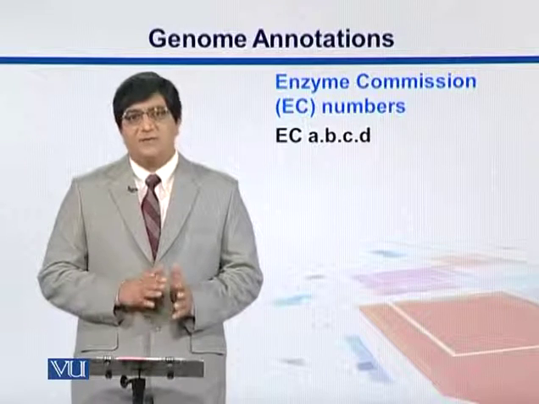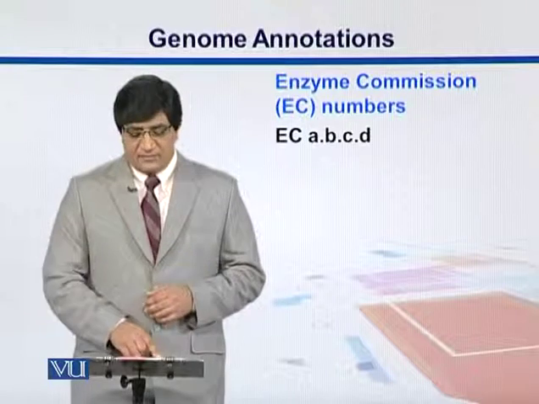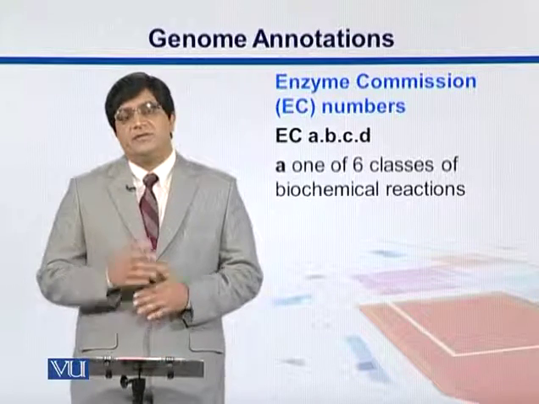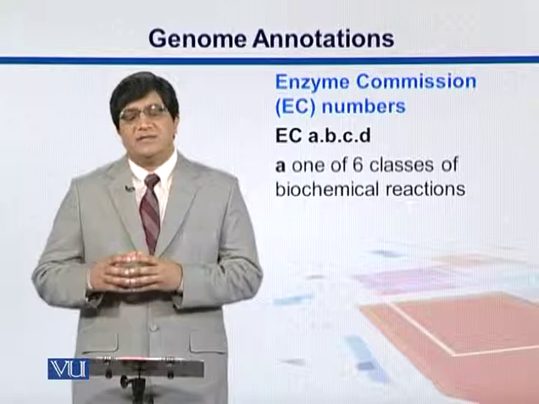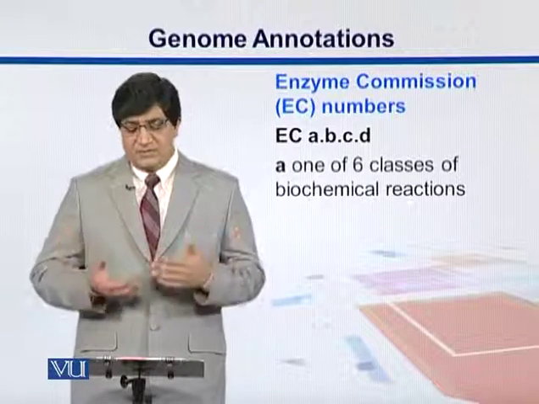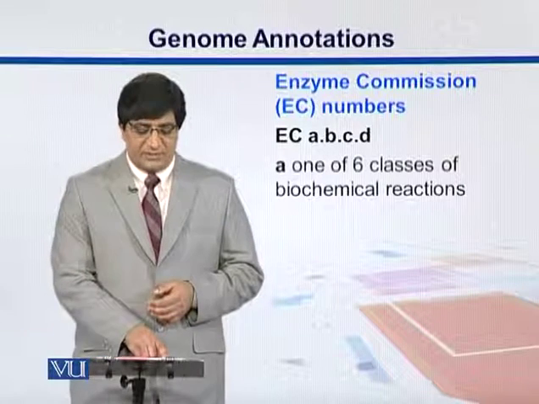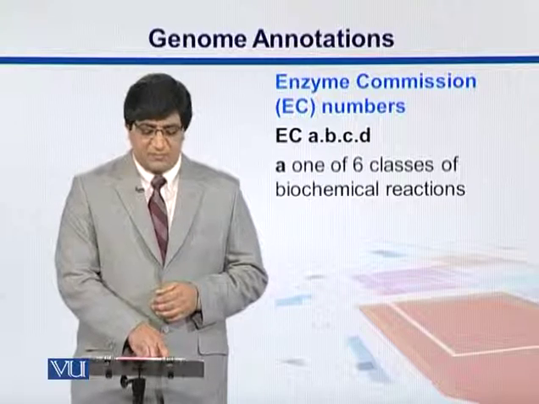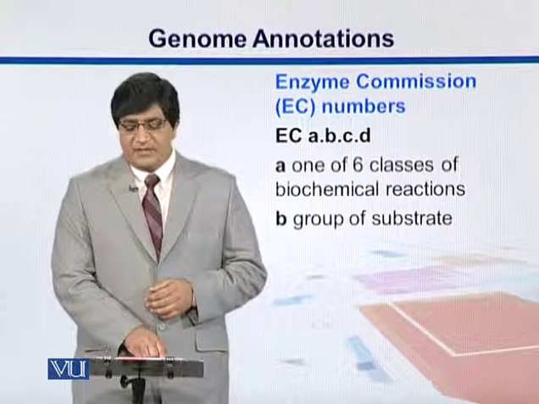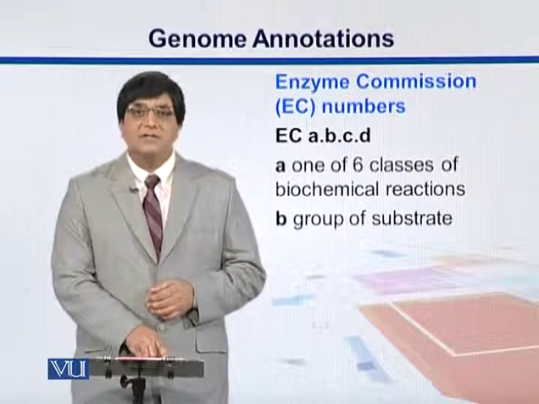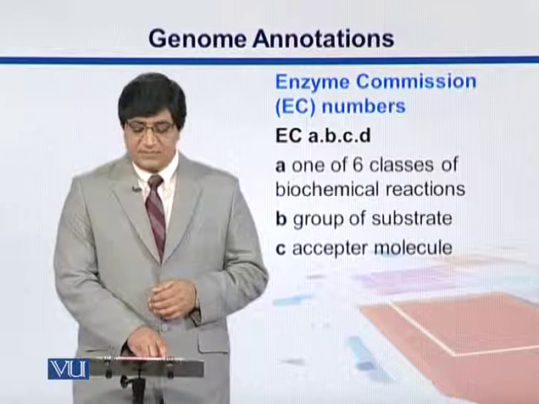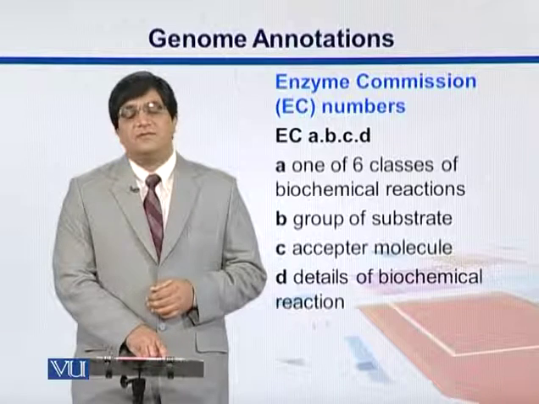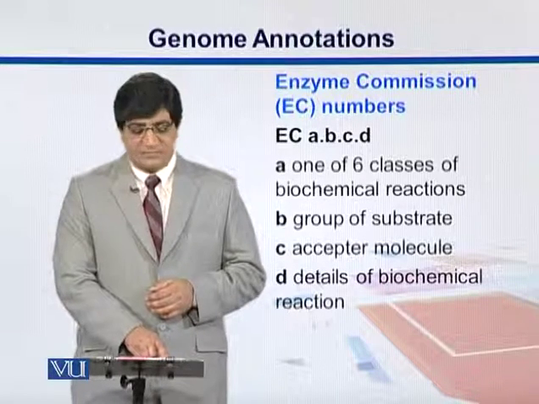So the first digit we represent here as A. So this number tells us that this enzyme belongs to one of the 6 classes of biochemical reactions. So actually they have 6 classes, so our enzyme can be coming from one of them. Whereas the B is the group of substrate, the thing on which it acts. C tells us about the acceptor molecule, and D is the detail of that biochemical reaction.